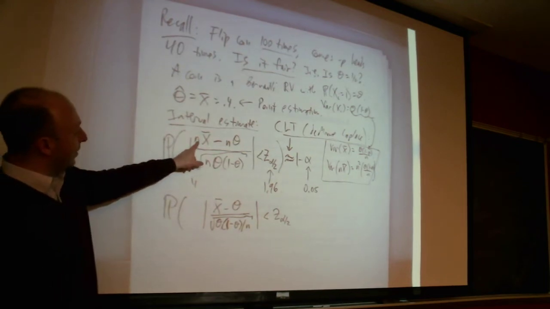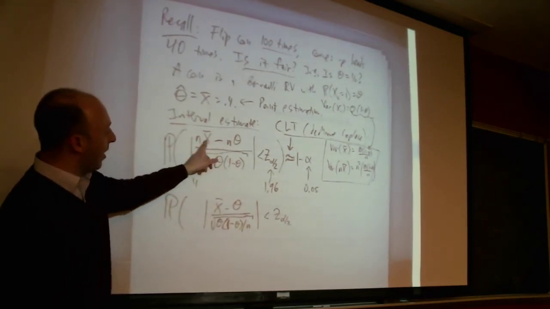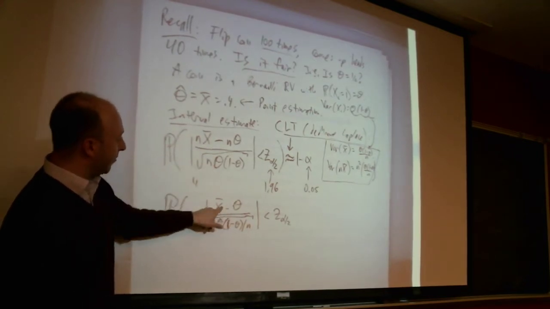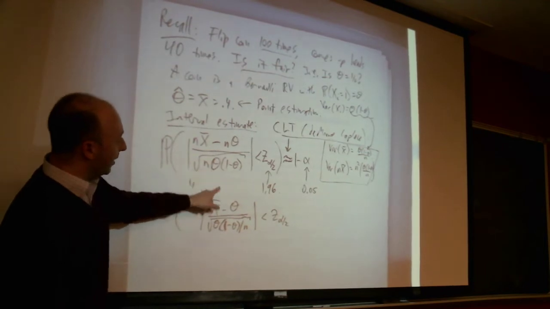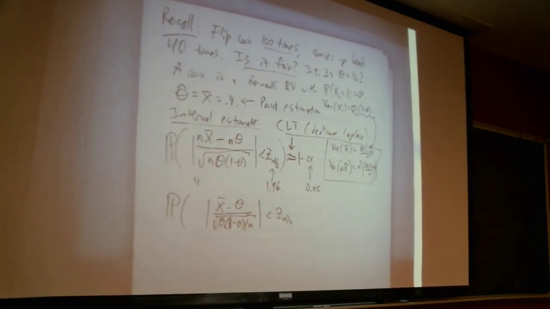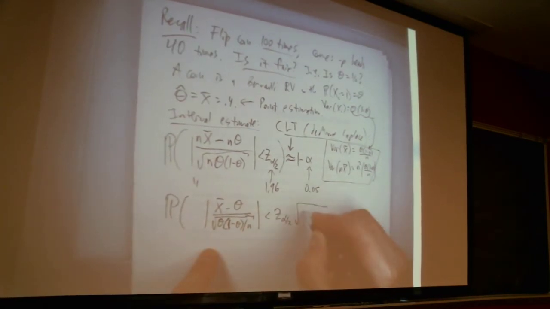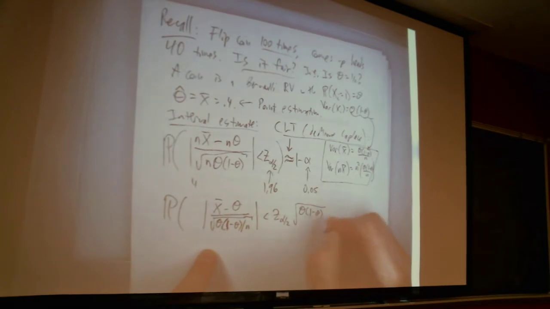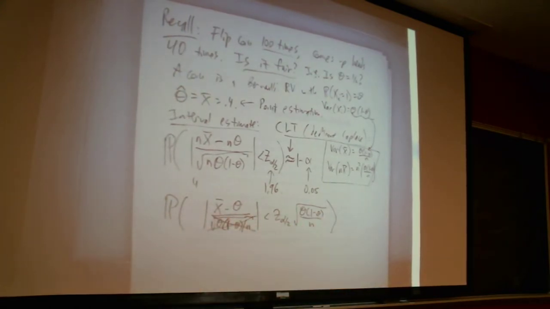All I did is, there's an n on top and a root n on bottom, so if I divide top and bottom by n, I get rid of the n in the numerator because I'm trying to isolate theta, and then the root n here becomes a 1 over root n. Just algebra. Let me immediately multiply this to the other side, so let me put it here. Theta times 1 minus theta over n, and then I can take it out of there.